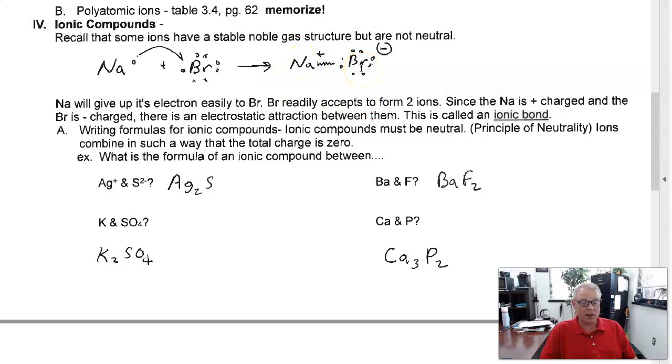This bromine also has a nice noble gas structure. Apart, they have a charge. But when I put the whole thing together, what's the charge? It adds up to 0. And so I'm not violating the principle of neutrality, but I do have a noble gas structure for both of my ions here. I can have my cake and eat it too.